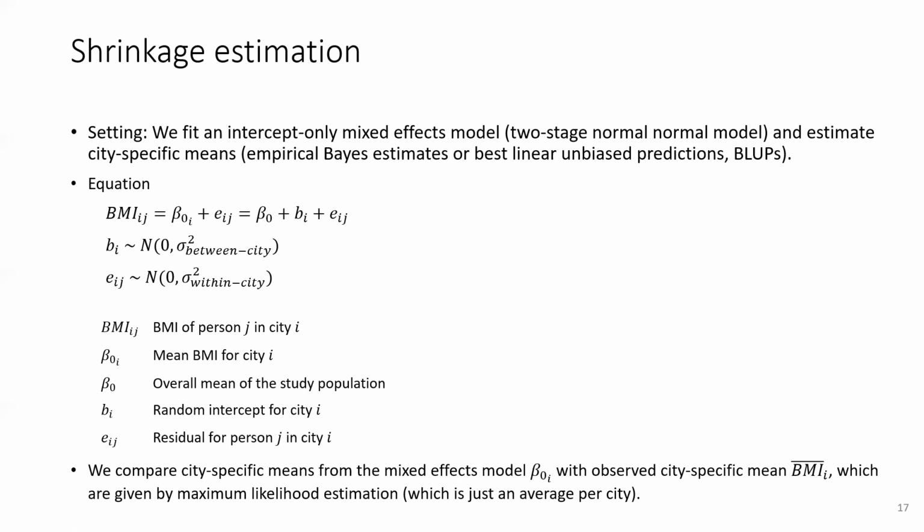It means that we calculate BMI by averaging, meaning that if the city has 100 people, we add up 100 BMIs and we divide by 100. And this is maximum likelihood estimation. It's the usual mean or usual average.